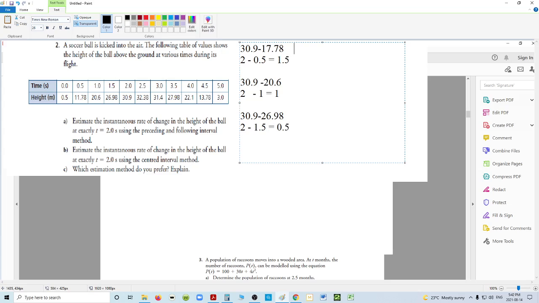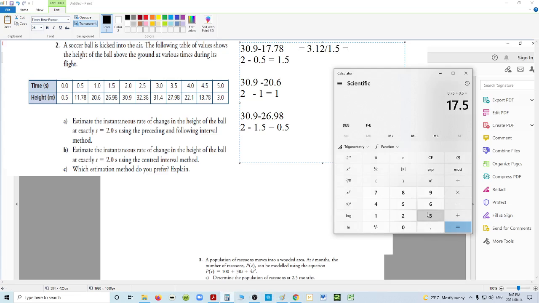So you would take your calculator and you'd come up with 3.12 divided by 1.5, which is equal to, I should use my keyboard for that, 2.08.